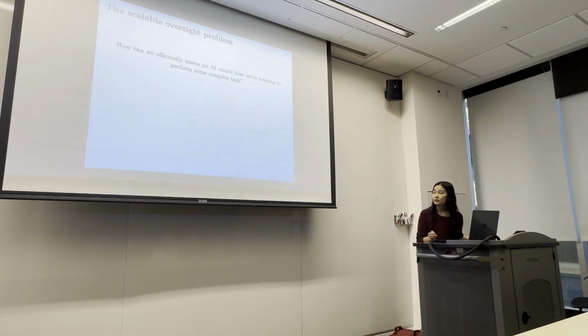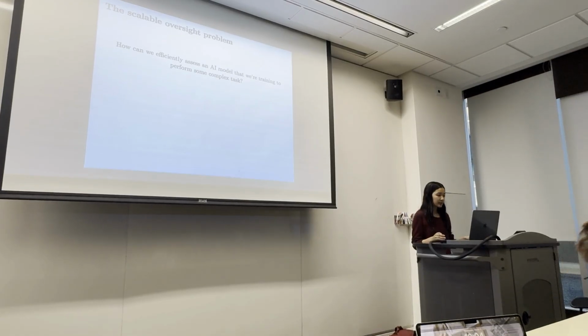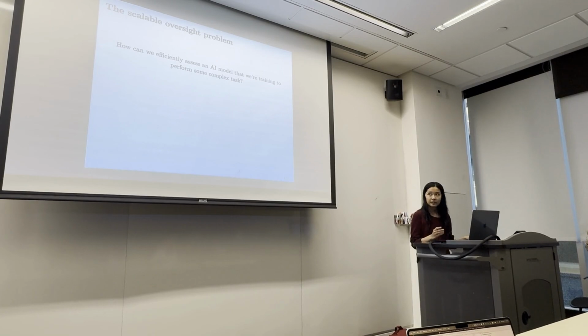The concern is that as we're training these AI models to perform more and more complex and time-consuming tasks, we might no longer be able to assess that they're performing these tasks correctly. Even if we do know how to perform tasks ourselves, it's so time-consuming that we won't be able to efficiently assess whether an AI is doing it to our liking.